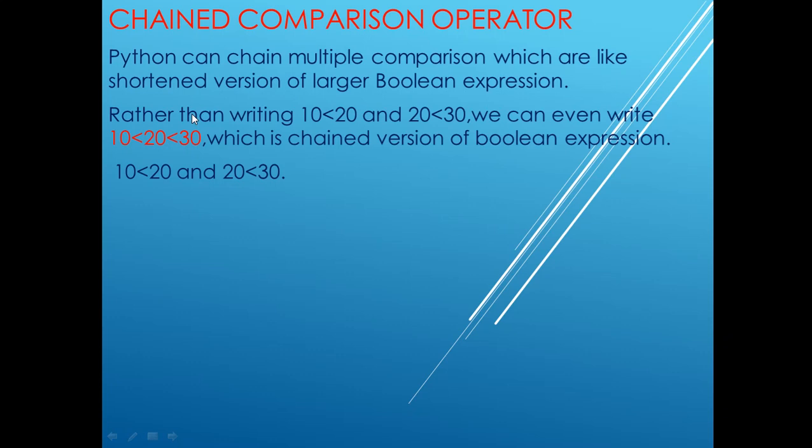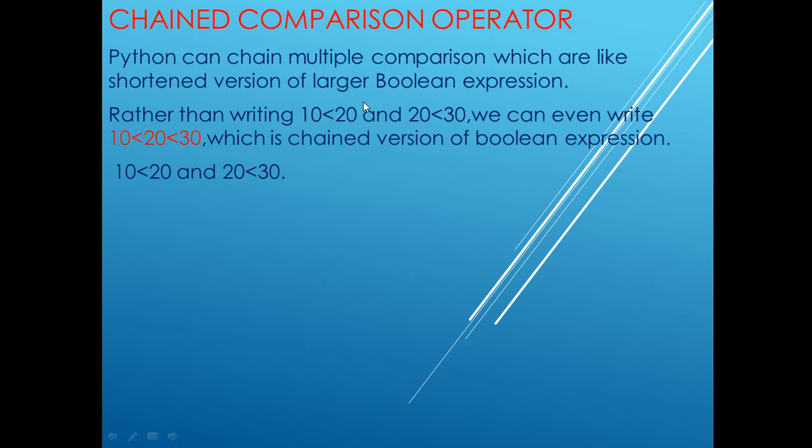Chained comparison operator means you have written comparison expressions, and those comparison expressions you have joined with and, or. It means you have used comparison as well as logical operators.